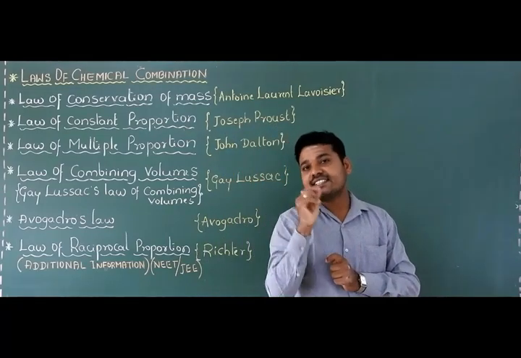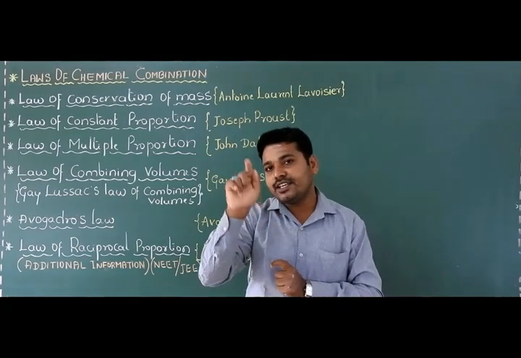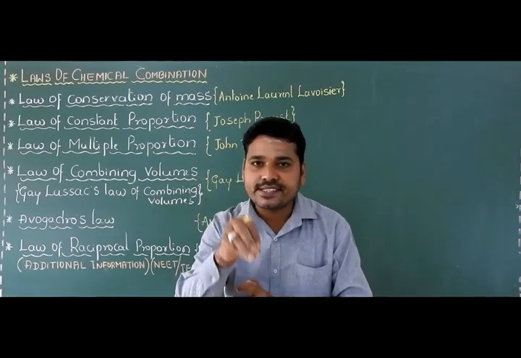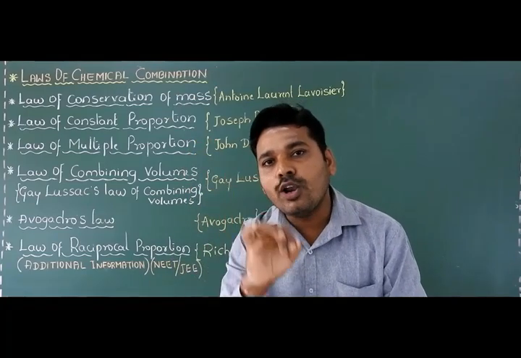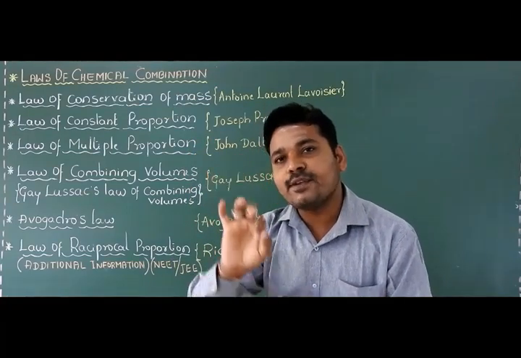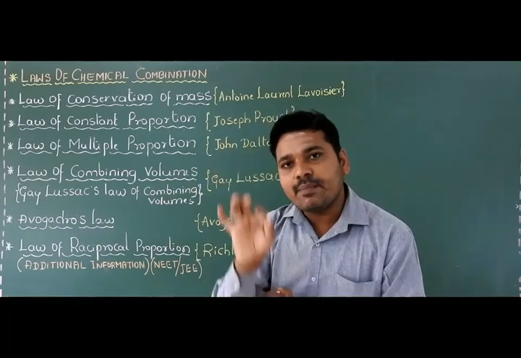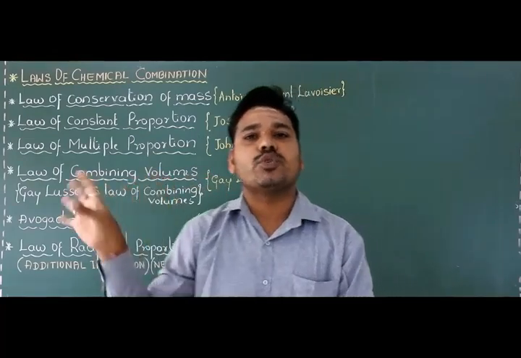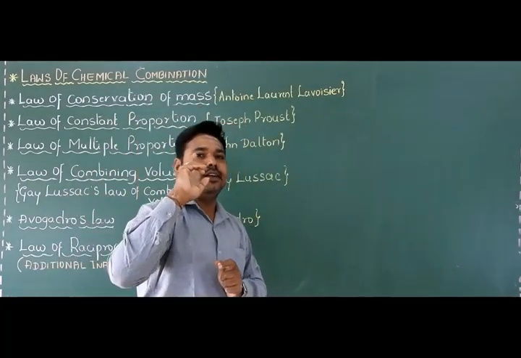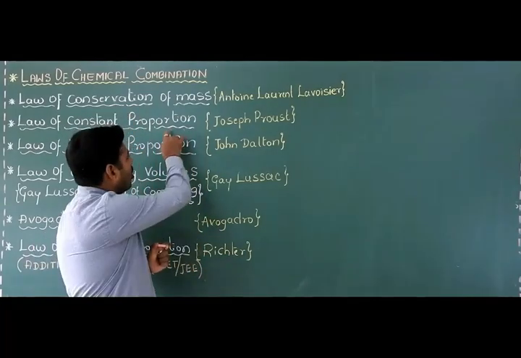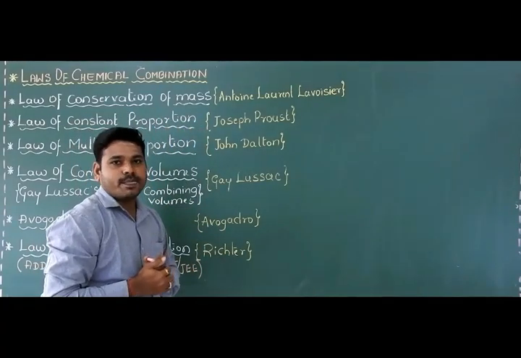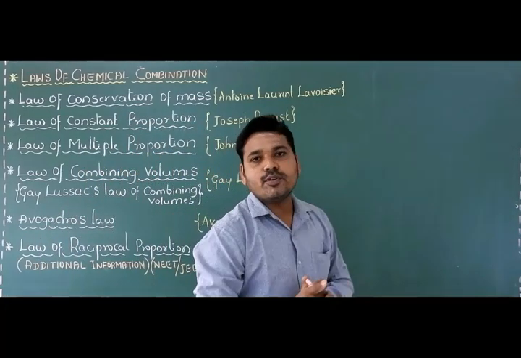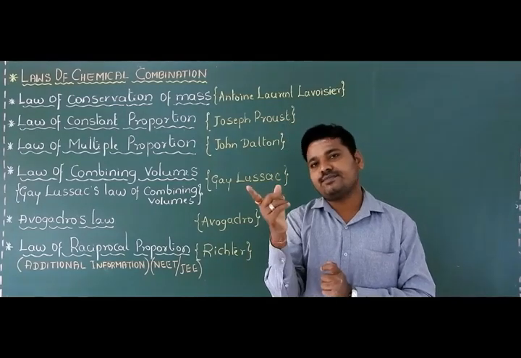Or the second statement, whatever may be the source of a compound, the constituent elements present in a compound are always in the same fixed proportion, or in the same definite proportion, or in the same constant proportion, students. So this is the second important law called definite proportion, or we call it constant proportion, students. And this law was given by the scientist Joseph Proust.